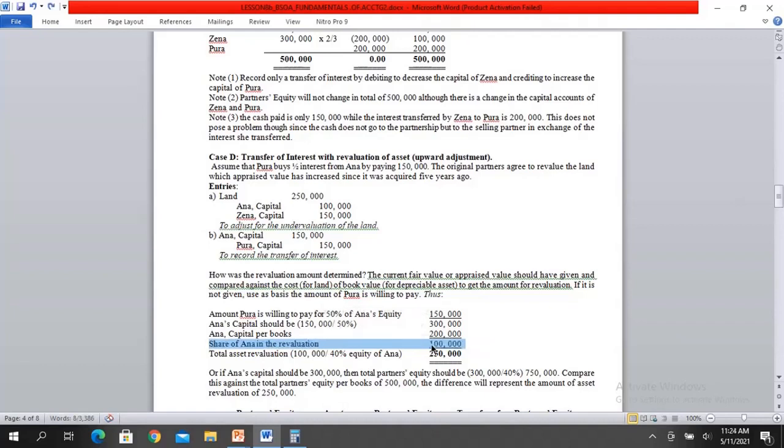Ngayon, paano natin kukunin yung total revaluation asset? So, 100,000 divided by 40% ng equity of Ana is 250,000.